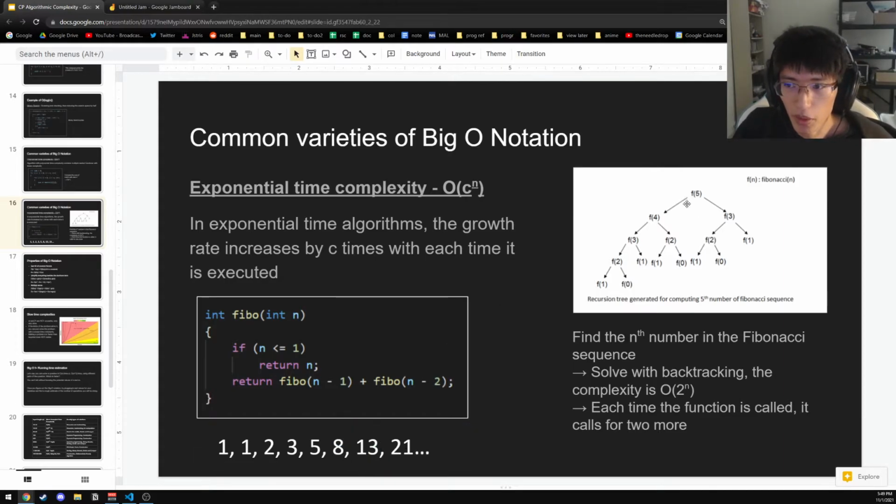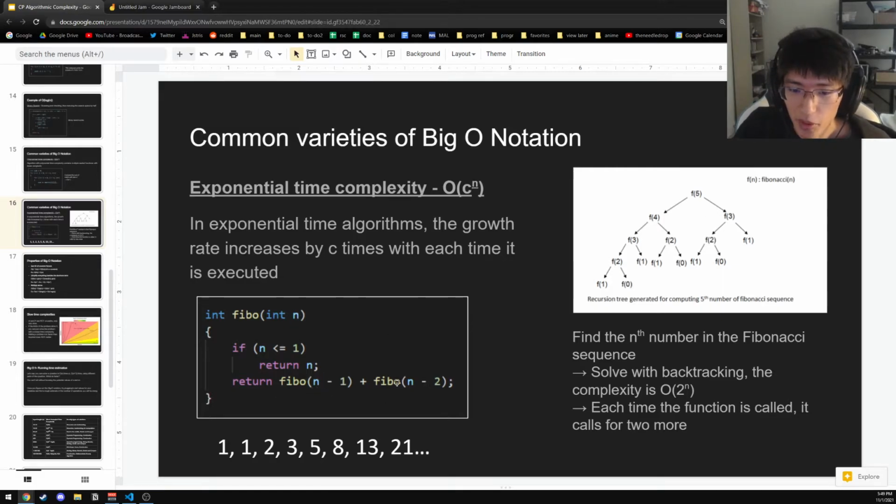But every time you call Fibonacci of 5, it might call Fibonacci of 4 and 3, and then that'll call Fibonacci of 2 and 1, and that'll call Fibonacci of 1 and 0. And if you get 1 or 0, it'll return n itself. So every time you call it, it's going to increase by 2 to the n.